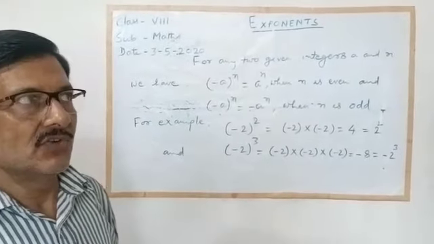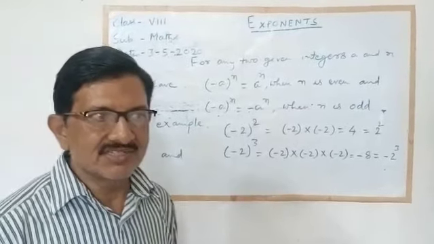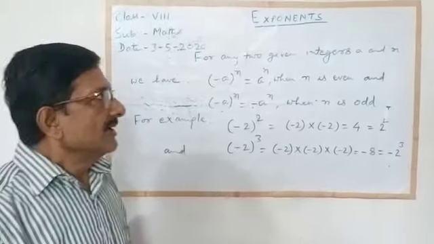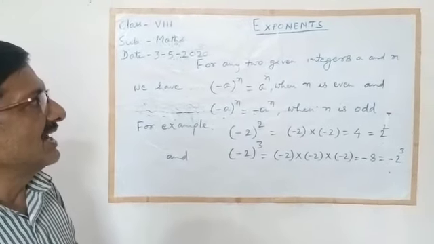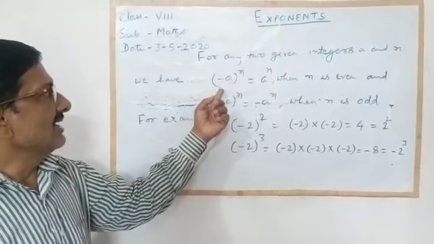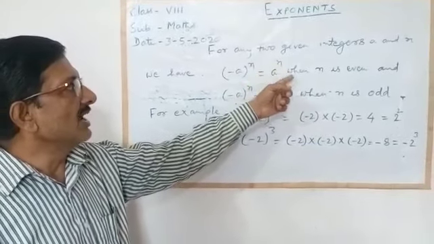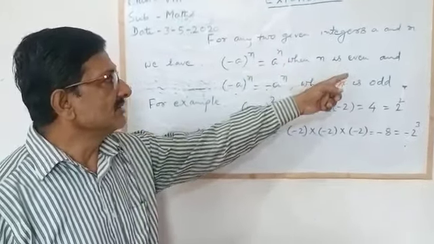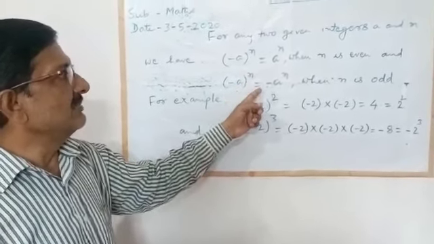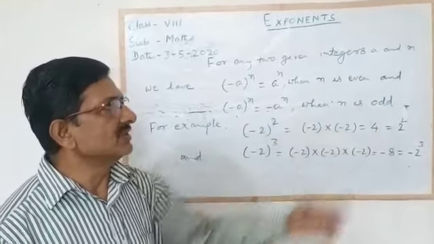Hello students. Today in this video we are going to discuss exponents. As we have studied exponents in our previous class, for any two given integers a and n, (-a)^n equals a^n when n is even, and (-a)^n gives you -a^n when n is an odd number.